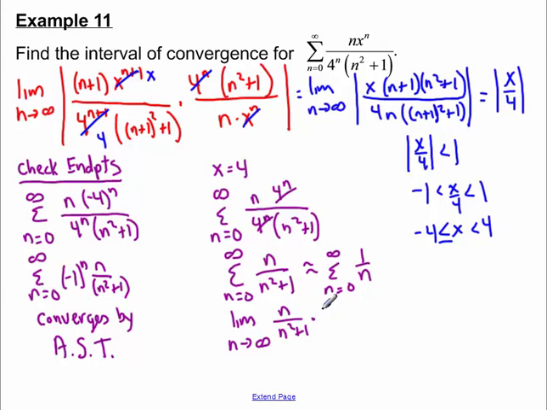This diverges by the limit comparison test. So we don't include 4, so that's our answer.